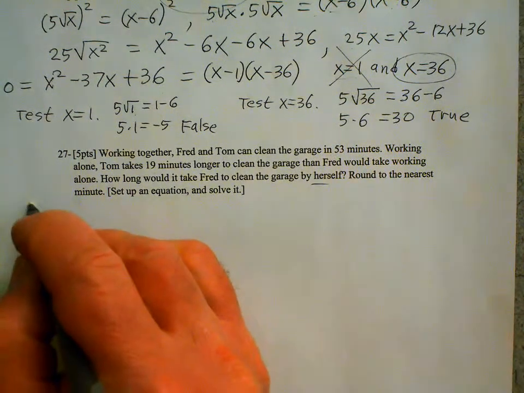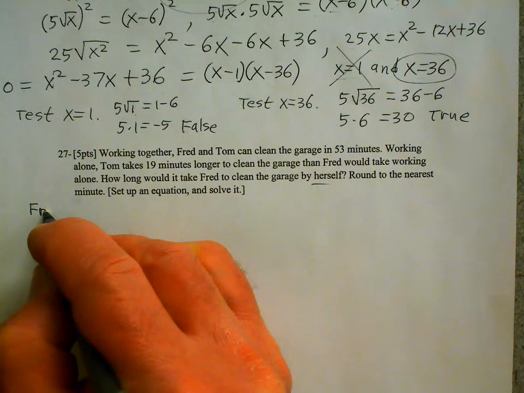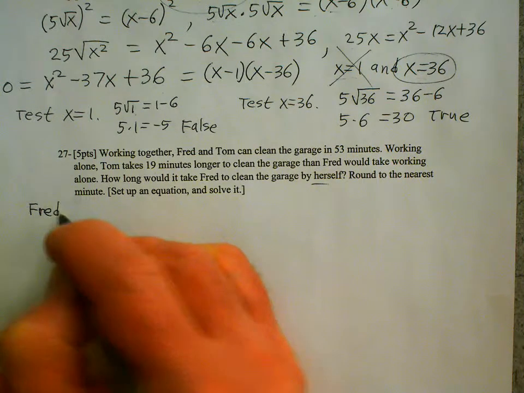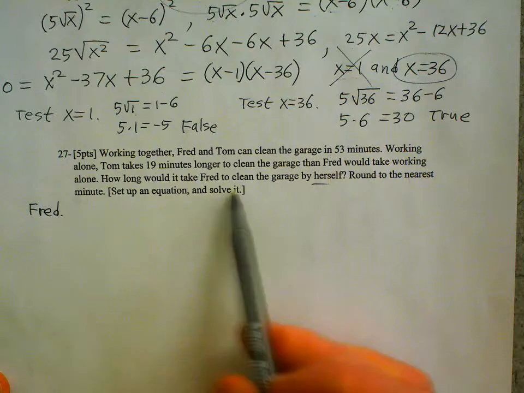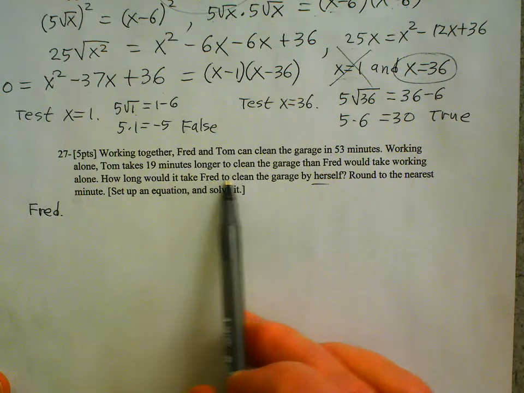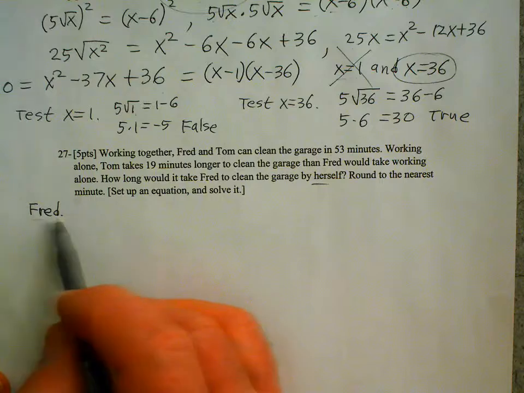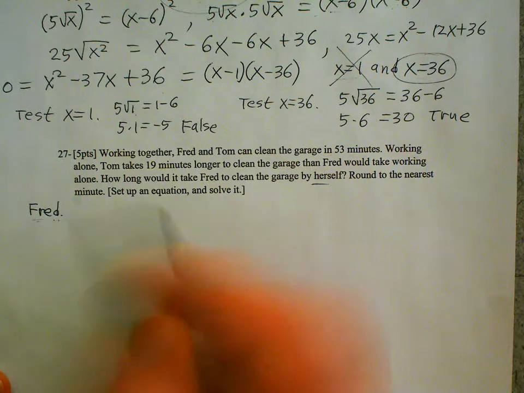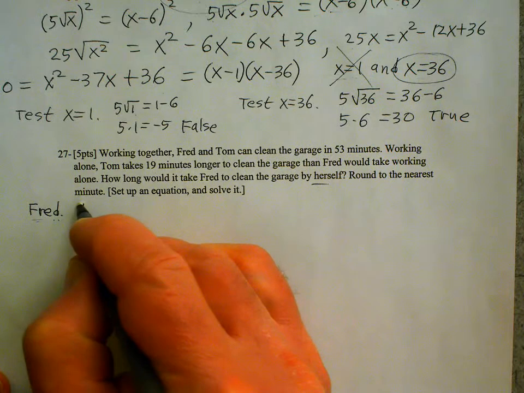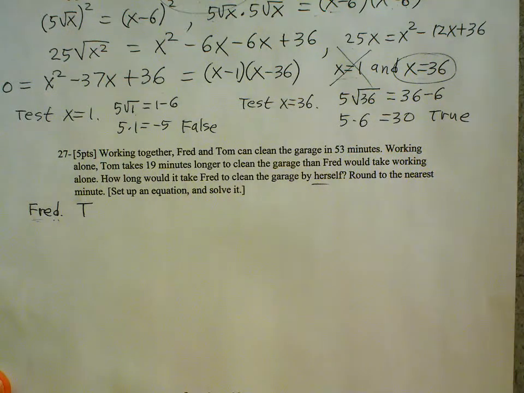So Frederica, maybe? Fred. We're supposed to find how long it takes Fred to clean the garage by herself. So pick a variable to represent Fred's time. So I'll pick T. You can pick any letter you want.